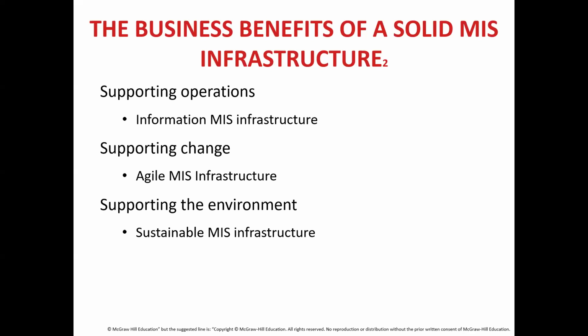Agile MIS infrastructure includes the hardware, software, and telecommunications equipment that, when combined, provides the underlying foundation to support the organization's goals. Supporting the environment, that is sustainable MIS infrastructure, identifies ways that a company can grow in terms of computing resources while simultaneously becoming less dependent on hardware and energy consumption.